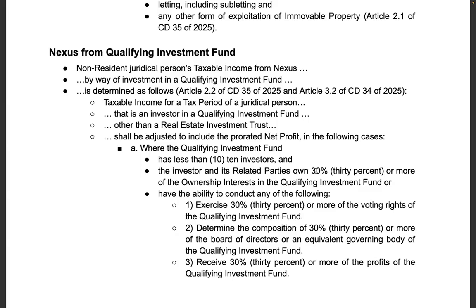So maybe a spouse, maybe fourth degree relative, right? And all together they own at least 30% of the portfolio. Then they are controlling, or at least significantly influencing the investment fund, right? So why were we even discussing all of this scenario?